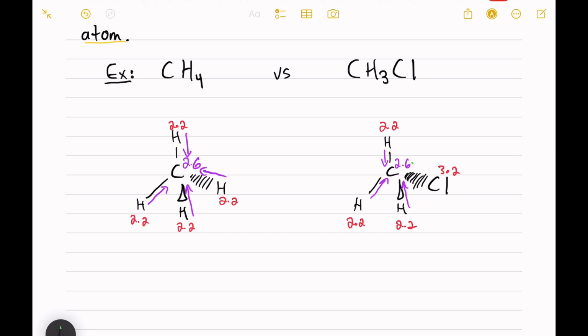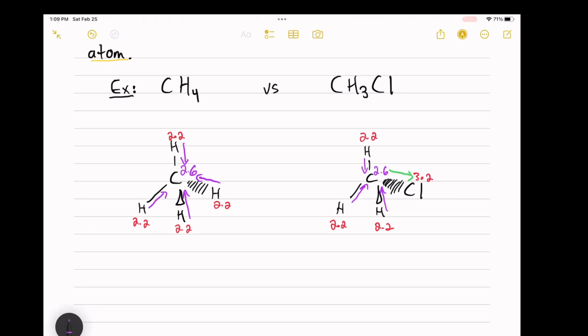Then the chlorine will actually pull on the carbon away. Now, in the first molecule, I see that all the bonds point towards the center, which is the C. That means that they're in the same general direction.